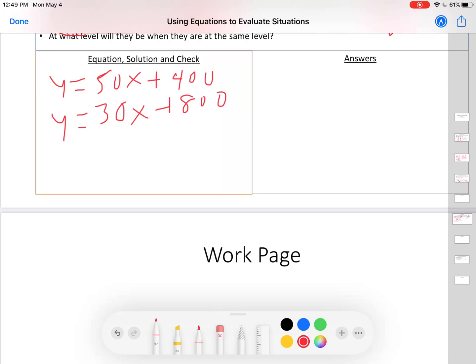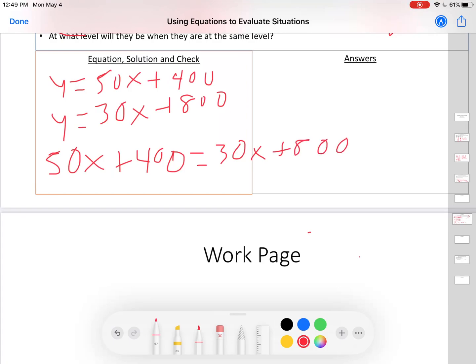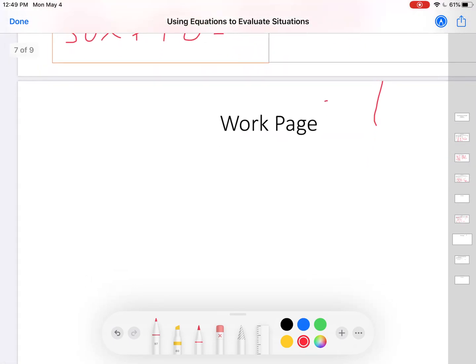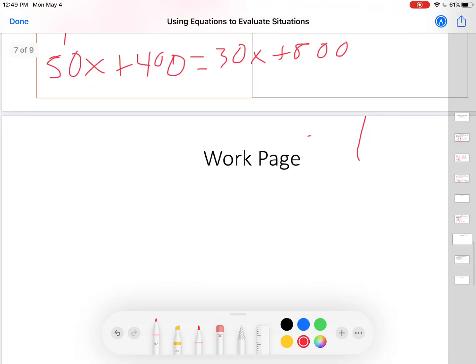So, to find out when they're equal, let's make them equal to each other. So we have 50x plus 400 equals 30x plus 800. Hey, look, it's an equation. You know how to solve this type of equation.